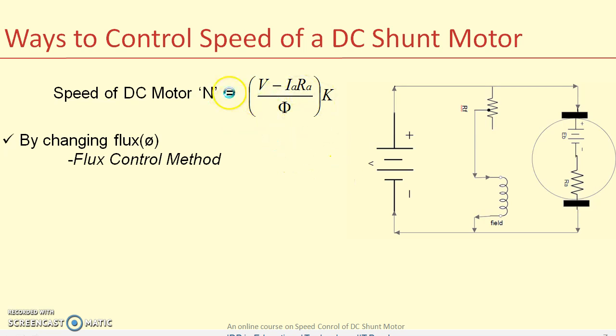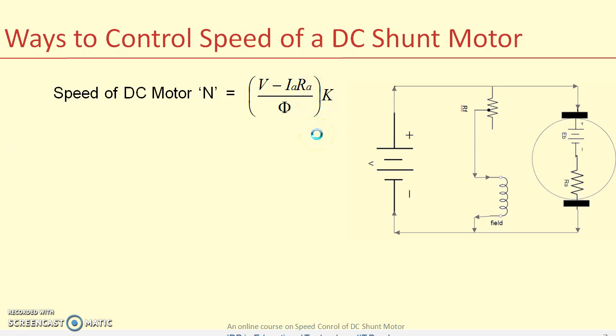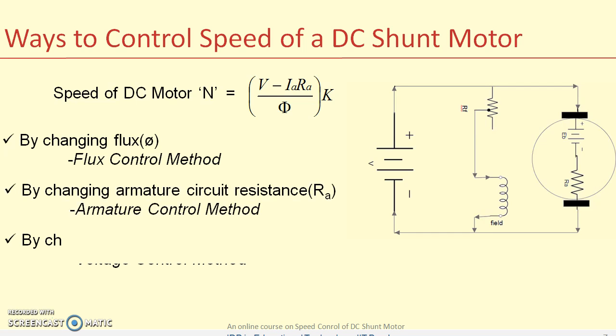To control the speed, if you adjust the armature circuit resistance, we call this method the armature control method.